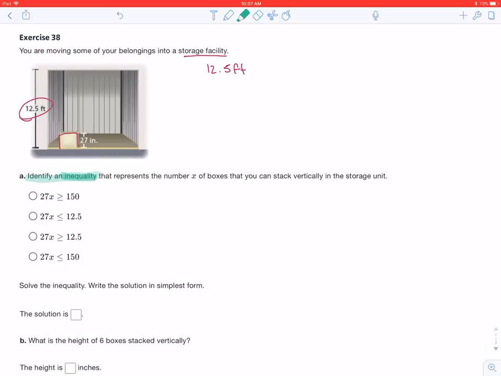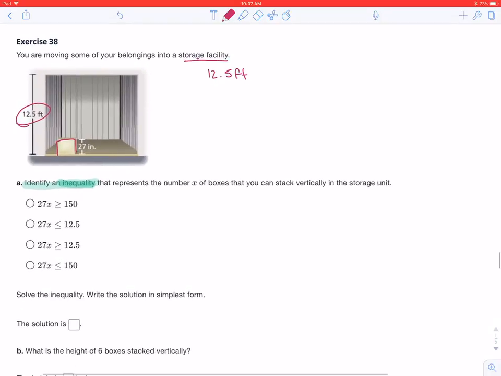So that's greater than, less than, greater than or equal to, less than or equal to. And all of these have that, so we are good on that part. We don't necessarily need to have understood what an inequality is. It's already being provided for us. That represents the number x of boxes. So x represents what? X represents boxes that you can stack vertically in the storage unit.